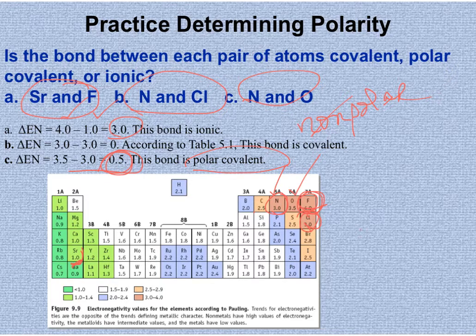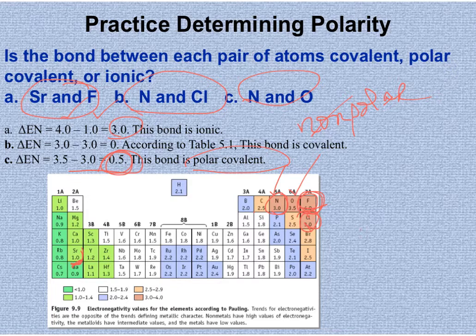There's strontium, there's fluorine. I would say a really good guess would be that it's polar or ionic, right? But let's double check the difference in electronegativity values. Strontium has an electronegativity value of 1. Fluorine is 4. And so the difference in those values is 3. Remember that anything 2 or above is ionic. So that is, in fact, an ionic bond.